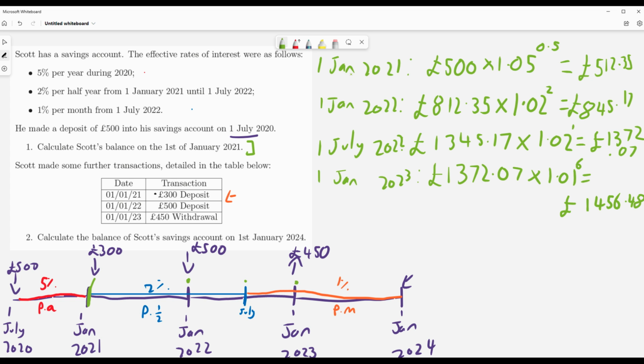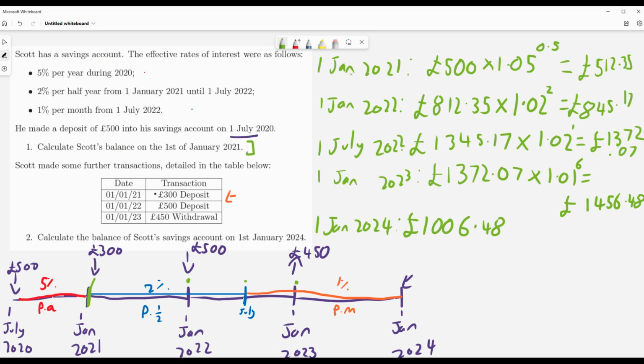So now we're sitting here, and we've only got one more thing to do. We're just trying to work out the 1st of January 2024. Well, notice that £450 is removed from the account. So let's just take £450 away from here. So actually that's going to take us down to £1,006.48.